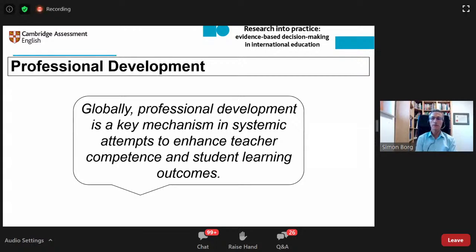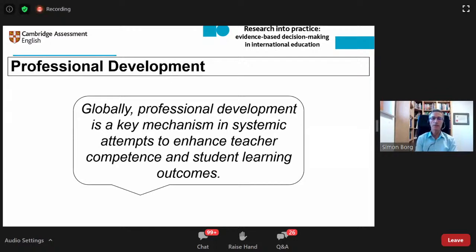Student learning outcomes are the ultimate purpose of professional development, so we mustn't obviously forget those. So professional development is now recognized worldwide as a key mechanism in attempts to improve teacher competence, which in turn are believed to lead to improvements in student learning outcomes.